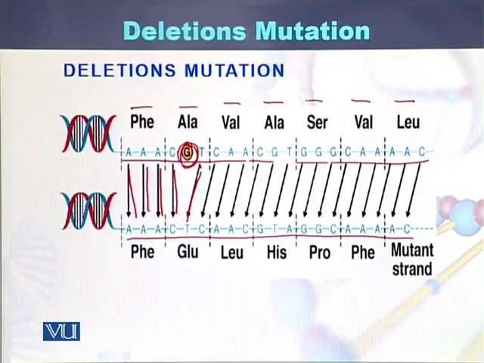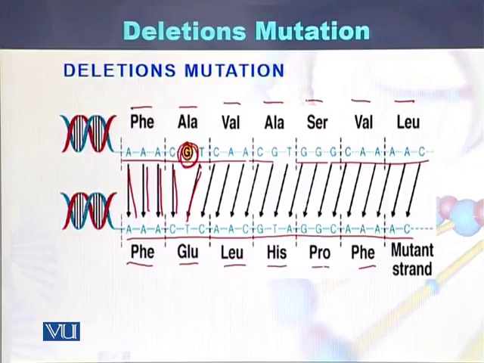But now, due to the deletion of guanine, a single nucleotide, the sequence of the amino acids is phenylalanine and glutamic acid. So in place of alanine, we see glutamic acid, and then leucine, histidine, proline, and phenylalanine.